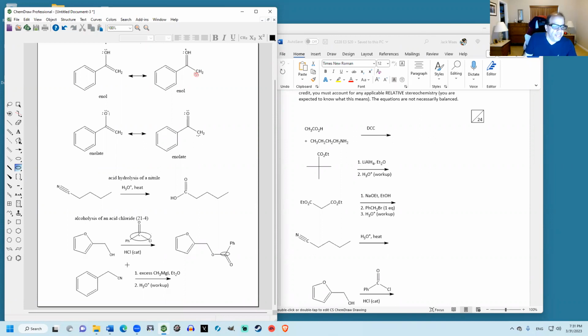And then last but not least, we have a nitrile and we have a Grignard reagent. Grignard reagents react with nitriles to make ketones. And the specific Grignard reagent that we're using is methyl Grignard. So this nitrile carbon becomes the ketone carbon.